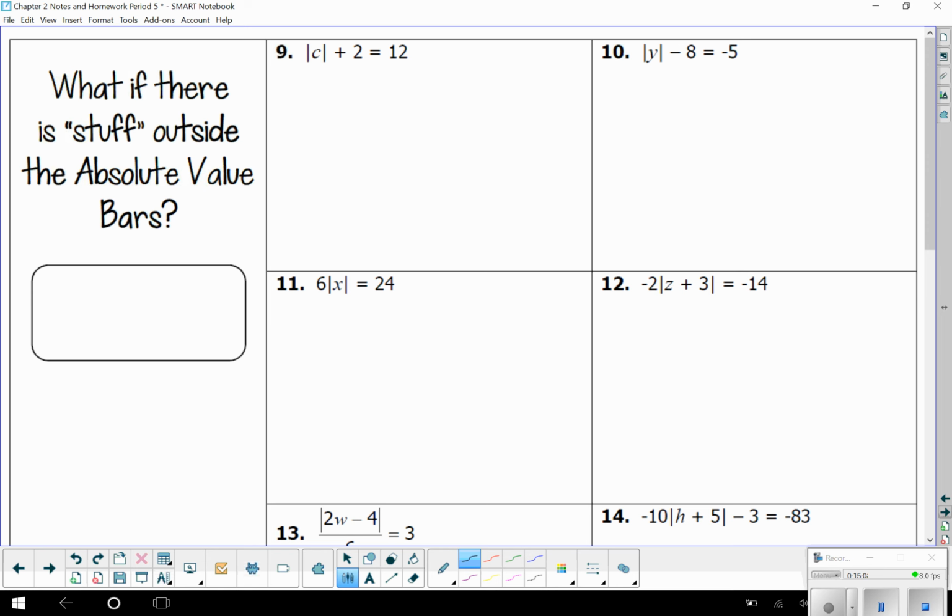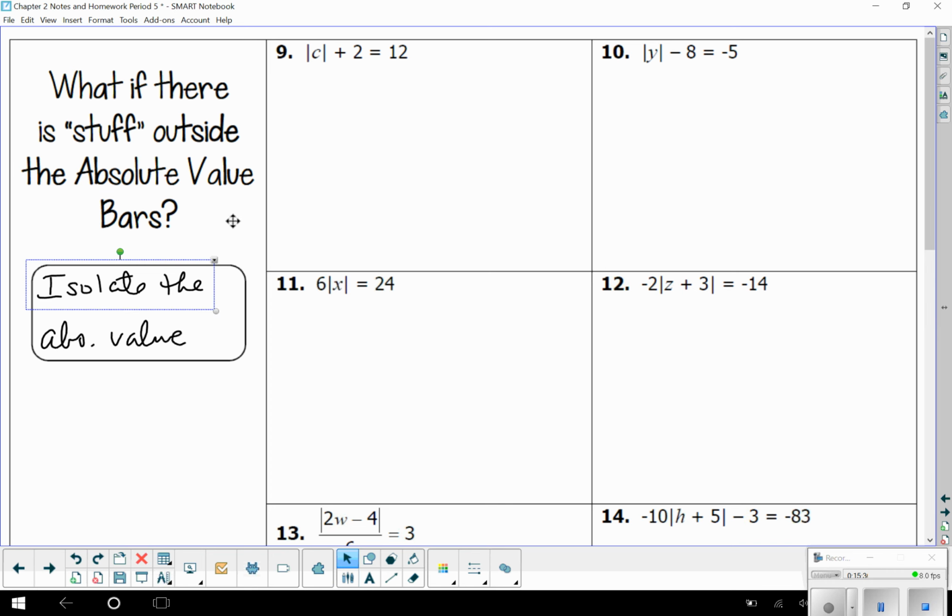Now, what if there is stuff outside the absolute value bar? Well, that's when we have a little bit of problem. Okay, that's when we have to isolate the absolute value. So, okay, so that's absolute value there.